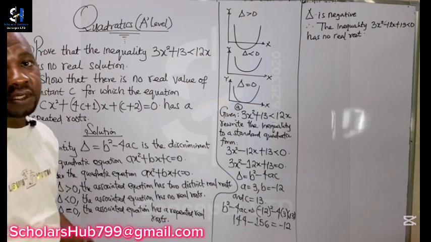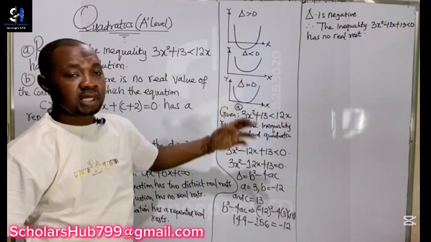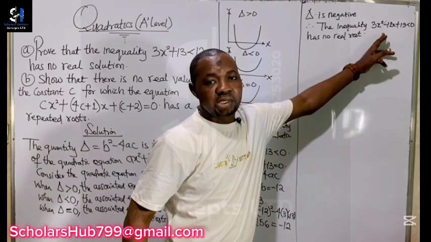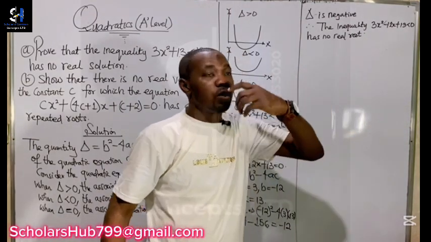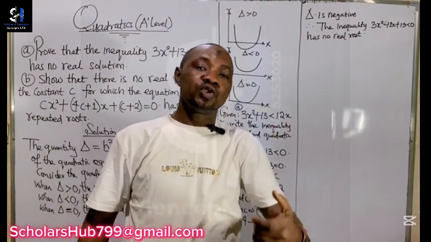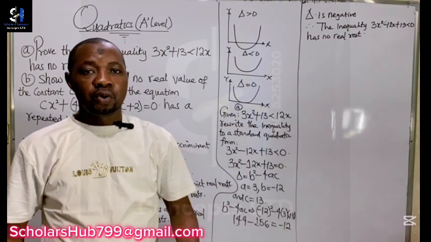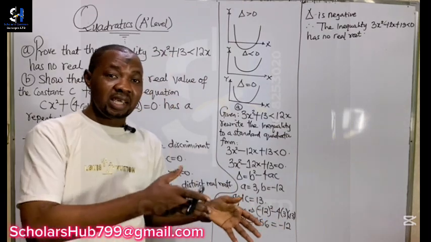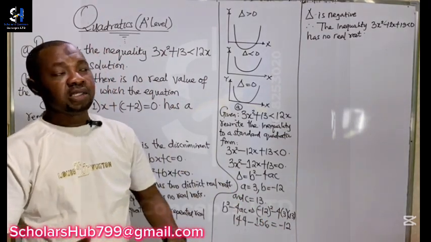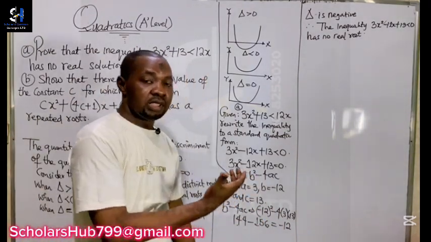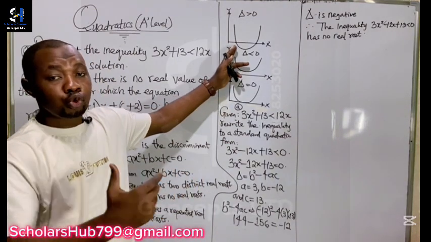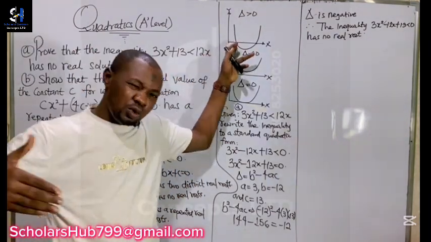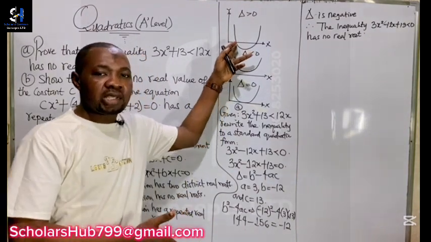If you want to analyze it further, just like what I explained here, that means the parabola of this quadratic expression. The discriminant of a quadratic equation tells us whether the associated graph cuts the x-axis at two different points, or does not cross the x-axis at all.